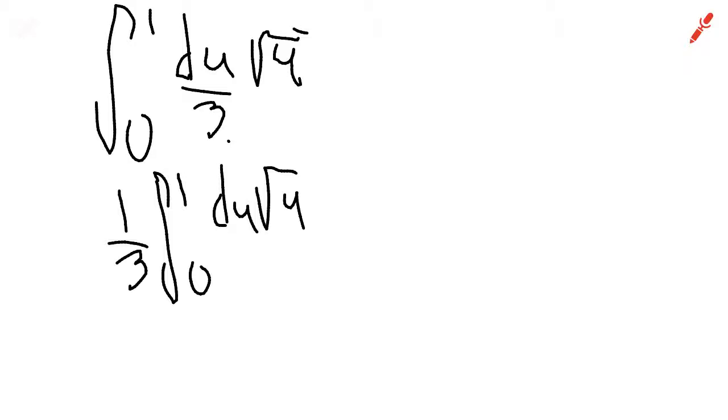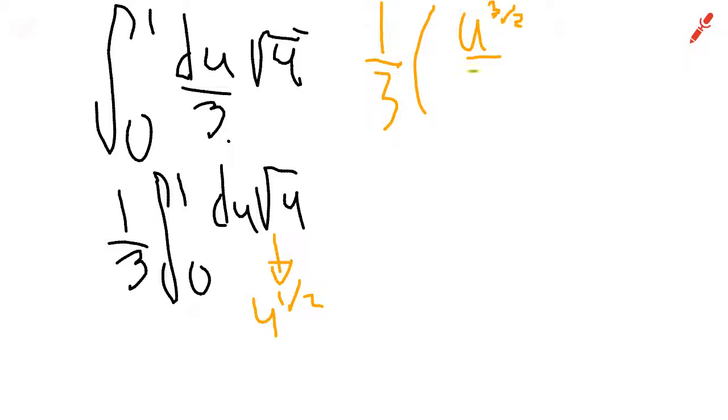Let me go back to my color red, which is orange, it's actually my favorite color. So now we just leave our 1/3 outside, and we do the integral inside. So the integral of the square root of u, or u to the power of 1/2, will be u to the power of 3/2, because 1 is added to the exponent, divided by 3/2.